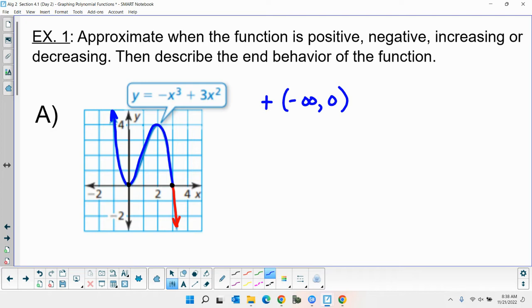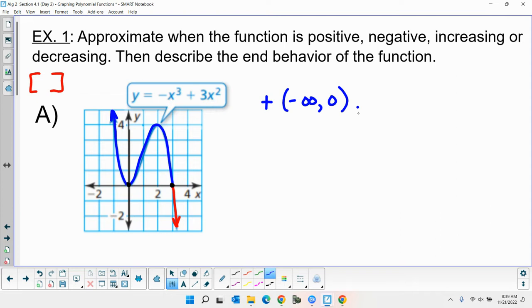Sometimes with interval notation, we make brackets. The brackets mean we're including that number. The parentheses mean we're not including the number, because it's not positive at 0. It's actually 0 when x is 0, right? We can never actually pinpoint where the infinities are, so we'll never actually equal positive or negative infinity. So it's always parentheses. Okay?